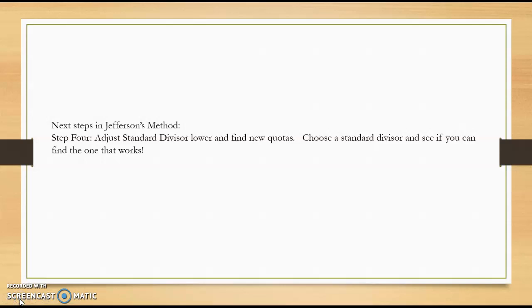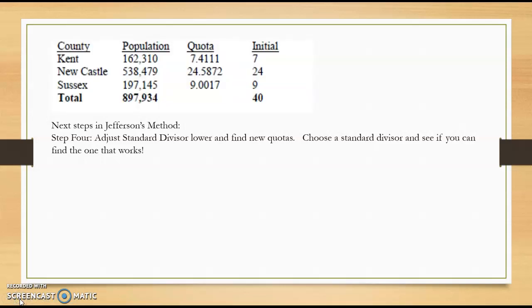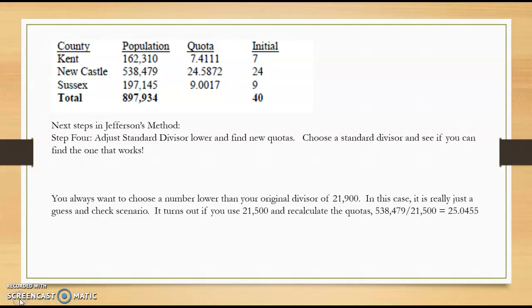If you remember from that last example, the standard divisor was 21,900. We want to choose a divisor and see if we can find the one that works. So here's our initial information. You always want to choose a number lower than your original divisor of 21,900. In this case, it's really just guess and check.